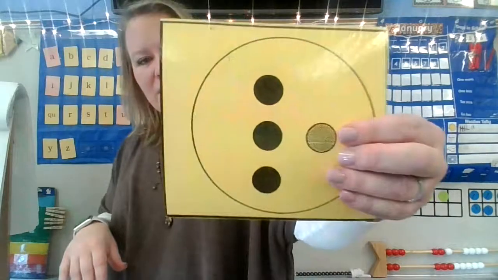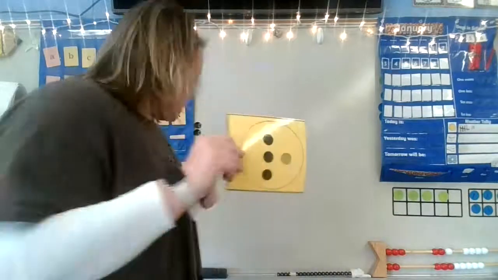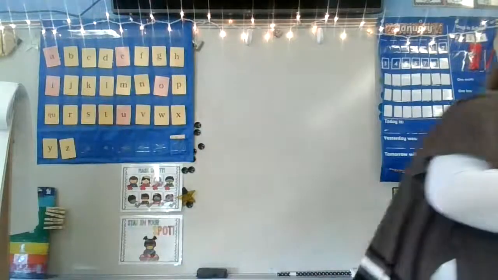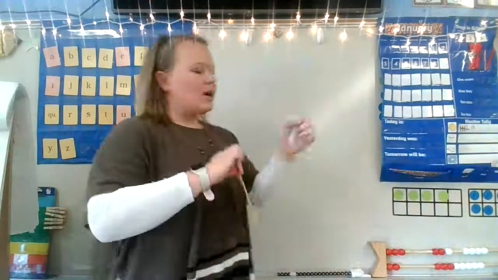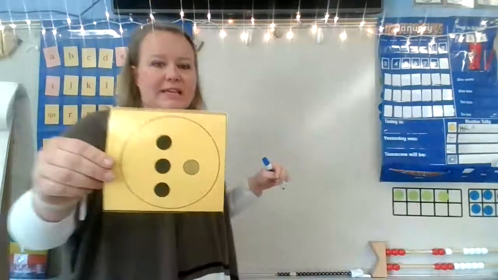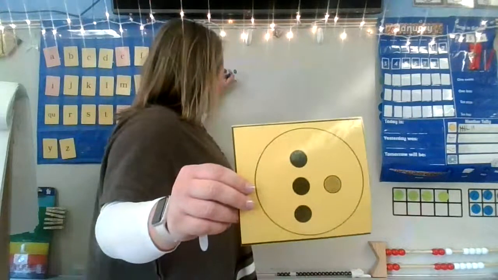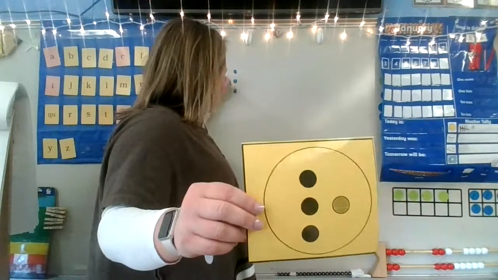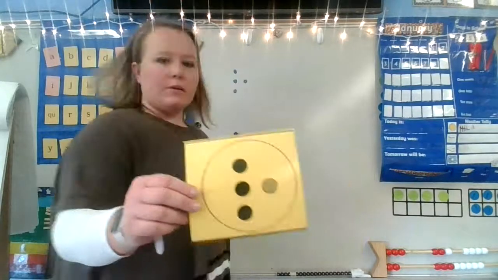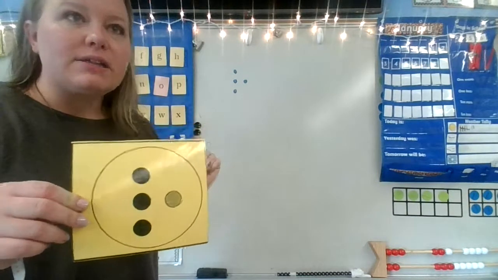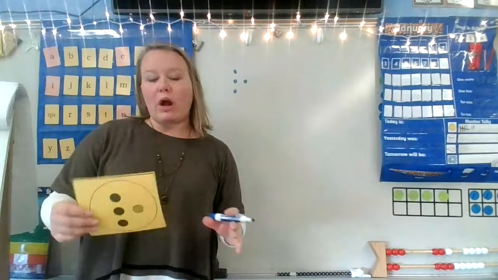Okay, and now we're going to talk about some different ways that you saw 4. Let me grab a marker. Let's talk about a few different ways that you saw 4. You were able to subitize 4 today. Okay. So go ahead and share with your grown-up.